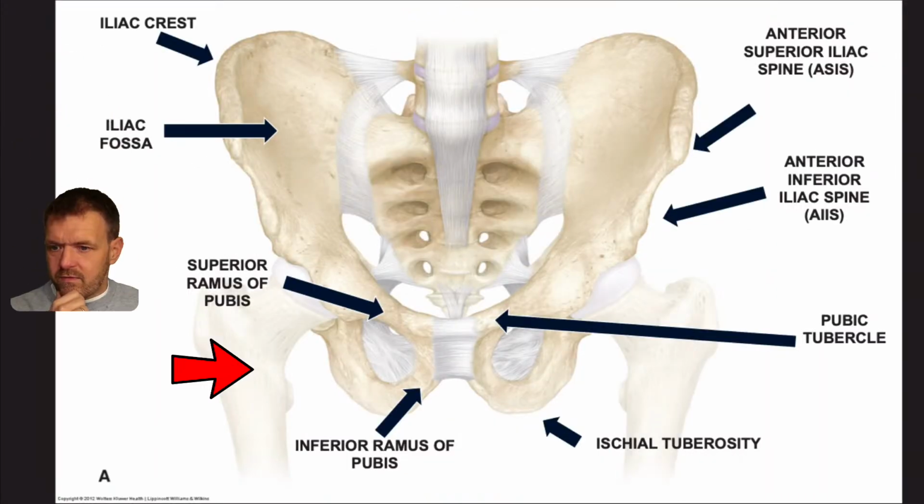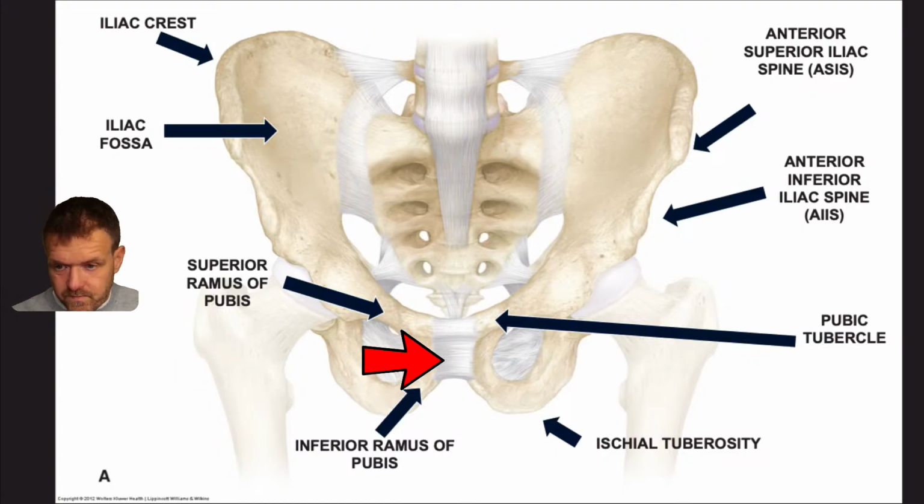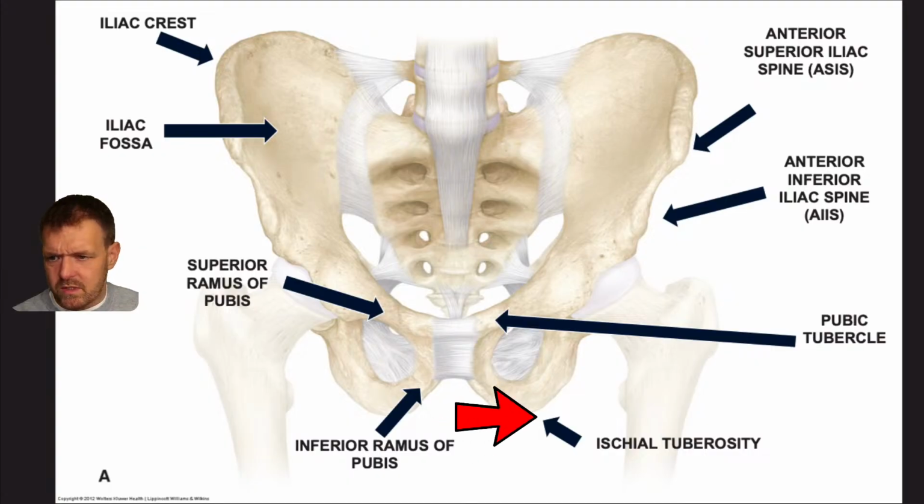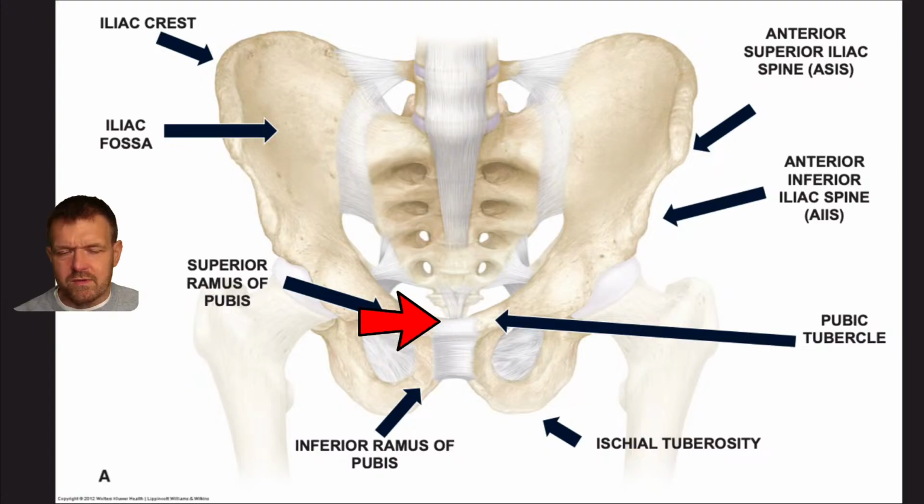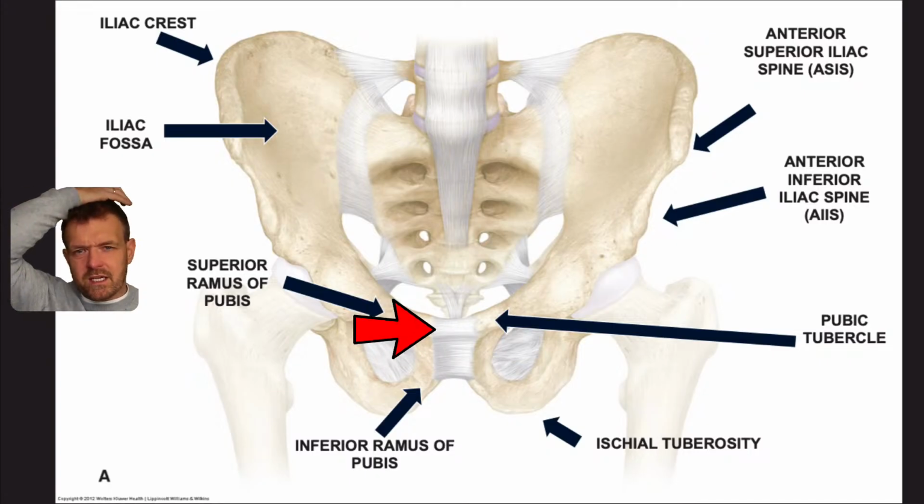And then this is from the front again, just some of those things that we've just seen. So inferior ramus of the pubis, your ischial tuberosities again, superior ramus of the pubis just here. So obviously this is the pubic symphysis. Pubic tubercles, these become important when we're looking especially at things like a herniation.